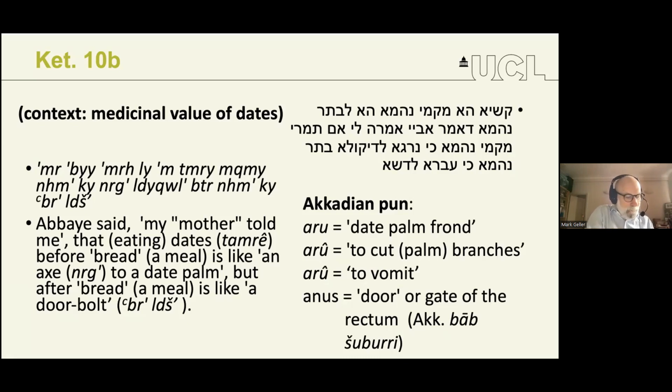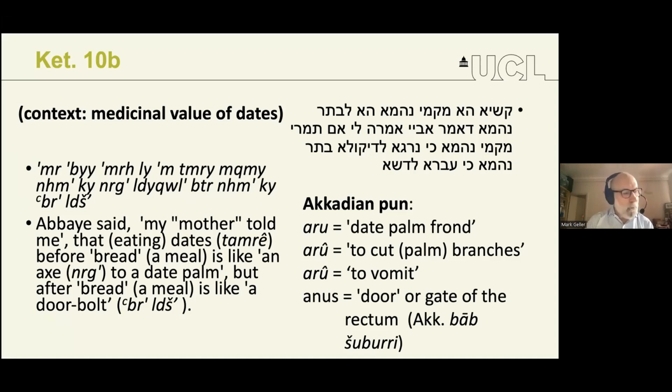So in my view, this puzzling statement can only be understood if one knows that the Akkadian word aru has 3 homonyms. One refers to the date palm frond, aru. The other refers to cutting the branches of the date palm. This is the basis for taking the axe to the date palm.